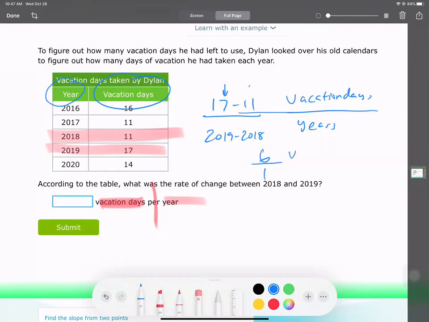So he has 6 vacation days per year that changed between 2018 and 2019. Look here from 2018 to 2019. How many days was the difference? How much changed? What was the rate of change? The rate of change was 6 days for every 1 year.